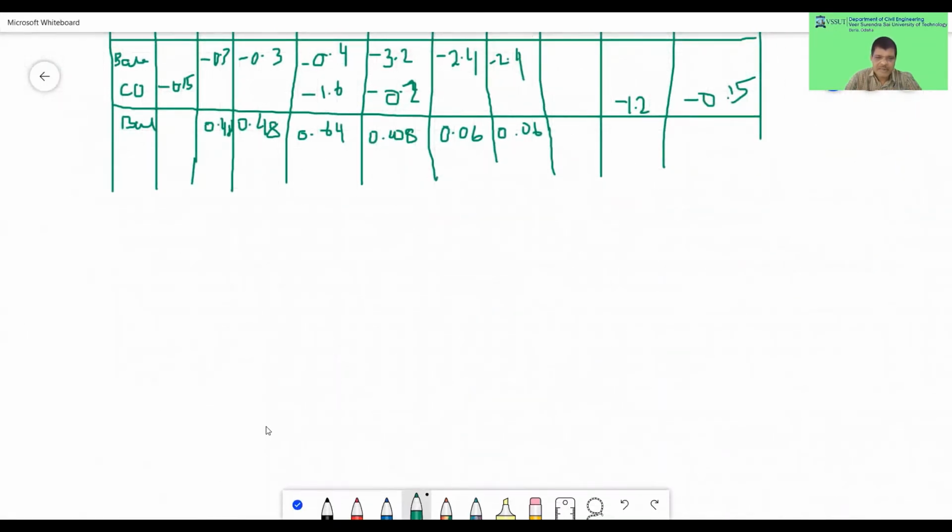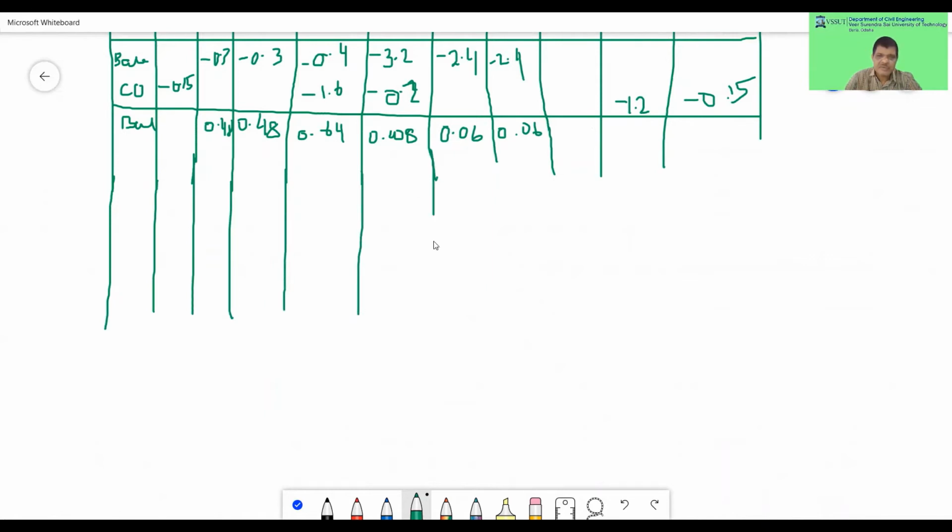Now go on increasing these values. We will make another 2 cycles where it will be completed. So next you have to carry over the values. What is the value of carryover? 0.48 means it will come 0.24 here.